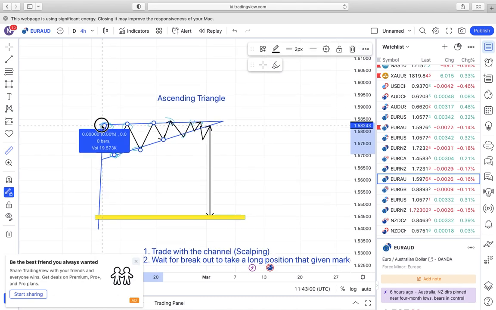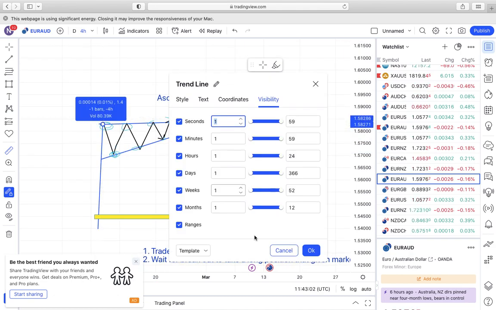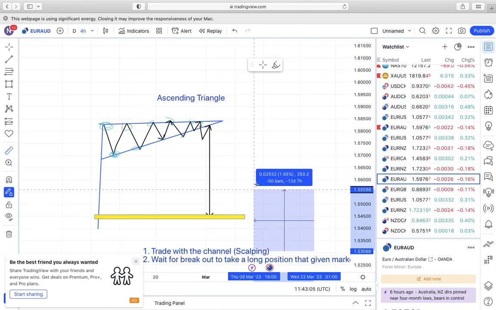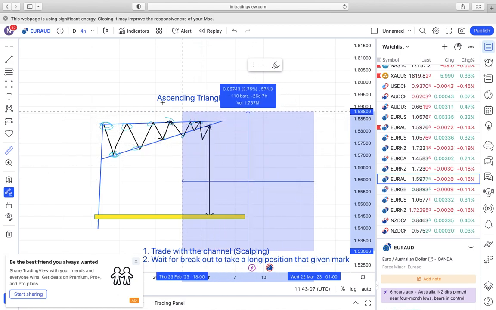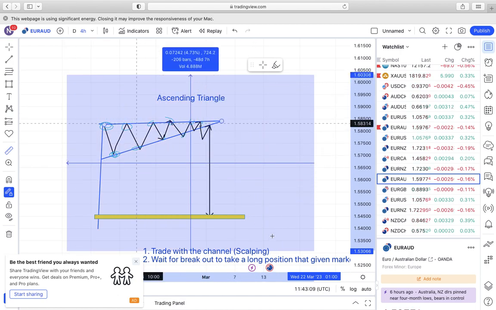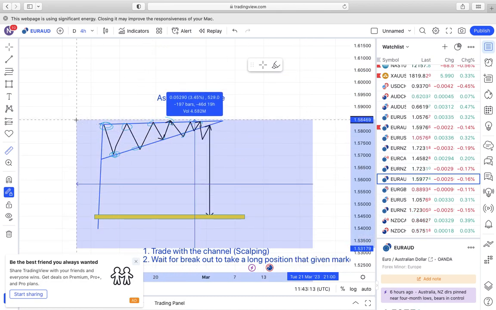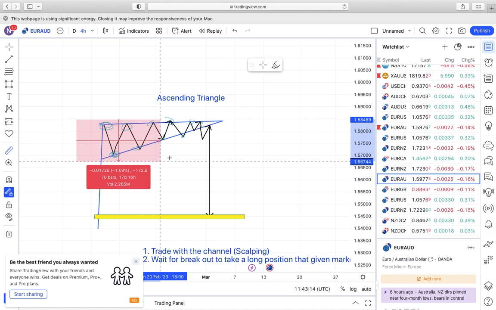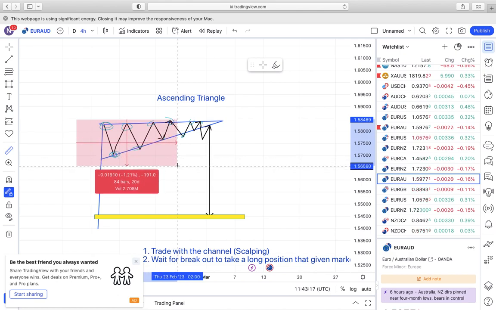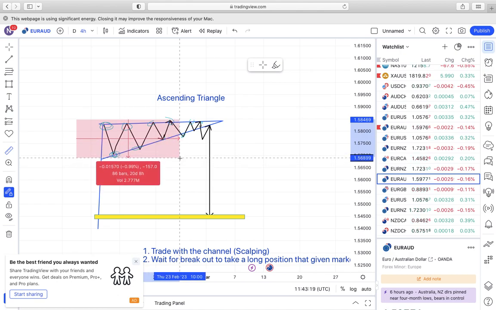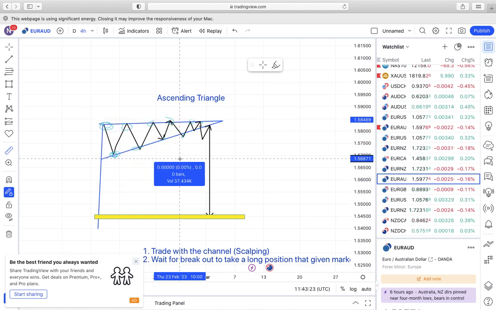You want to measure how many pips these are. This one is 159 pips.